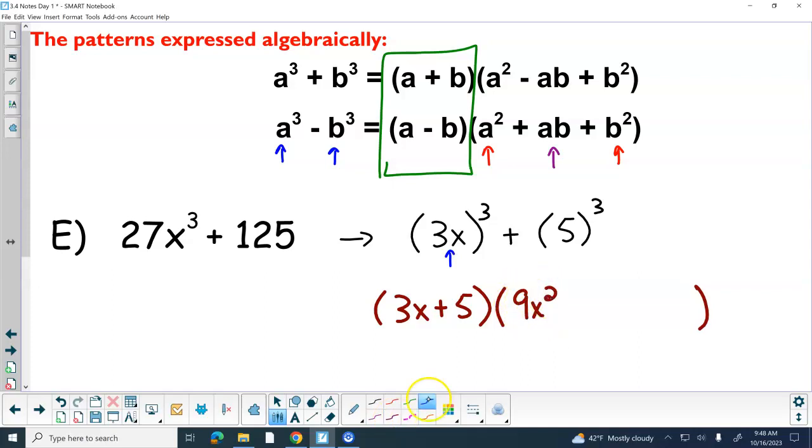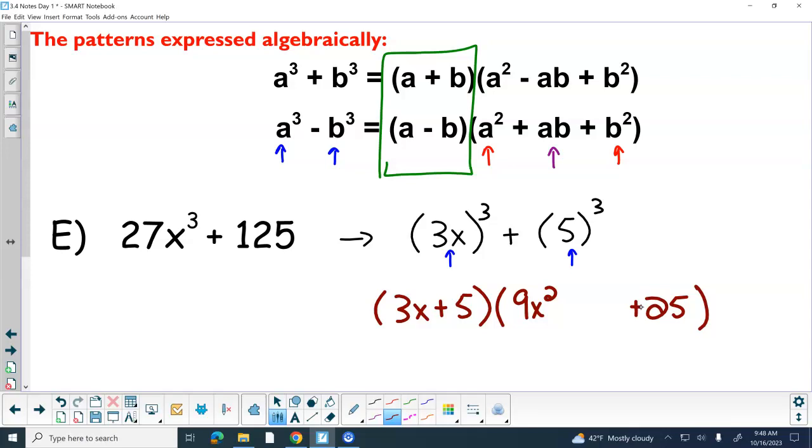I'm going to square that term. 5 times 5, 25. Those are the bookends. Those will always be positive, because you're squaring.